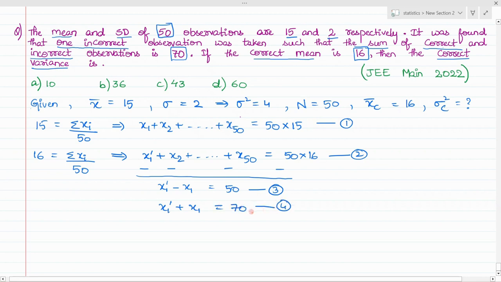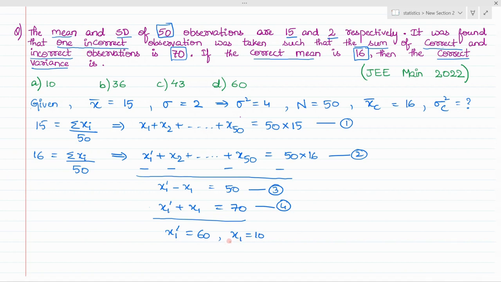Assume this is equation number 4. So just do the elimination. From here, you can get x1 dash as 60 and x1 as 10. So we got the correct observation and the incorrect observation. Now we need to find the correct variance.